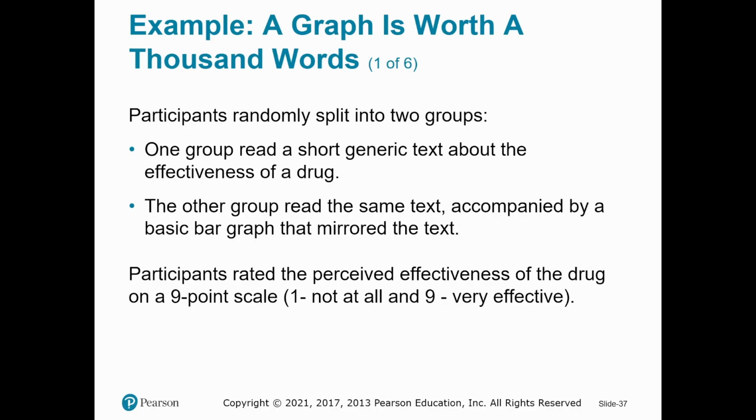The other group read the same text but accompanied by a basic bar graph that mirrored the text. Participants rated the perceived effectiveness of the drug on a 9-point scale: 1, not at all, and 9, very effective.